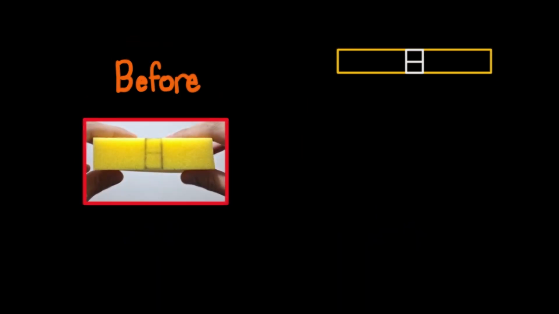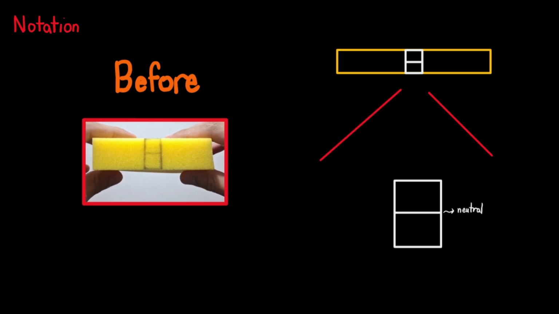Now, for the notation. On the left side, you can see the sponge before it is bent. On the right is a drawing of that sponge. Now, we will take an element from that sponge. Because the sponge is symmetrical, the neutral axis is exactly at the center, just like what we showed in the experiment. Let's label the thickness of this element as delta x.